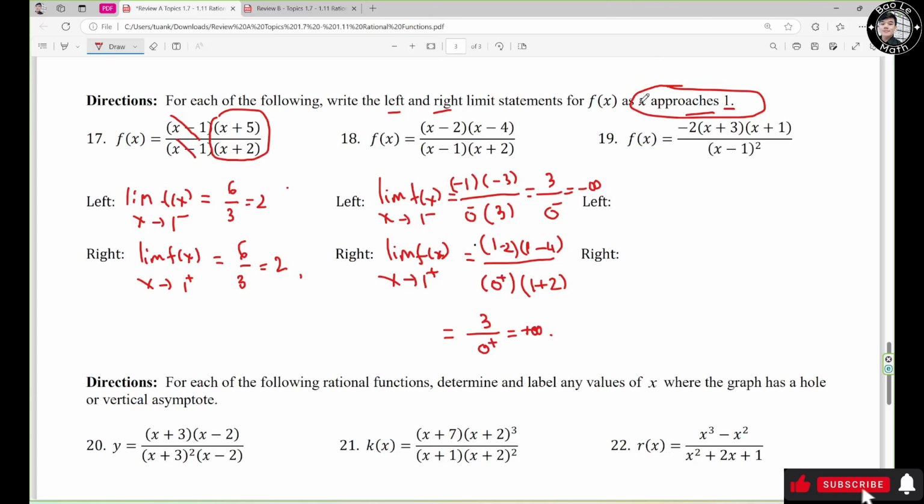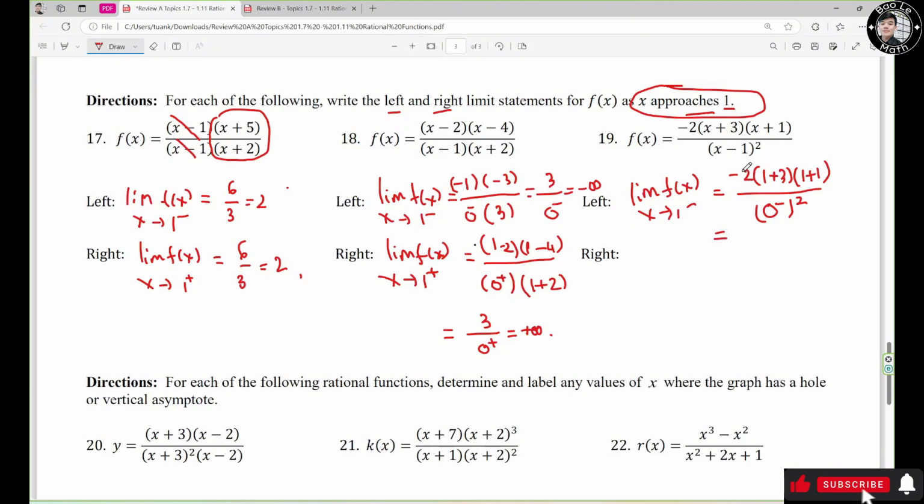Now, number 19 right here. Limit of the function f of s when s approaches 1 minus, it's going to be negative 2 times 1 plus 3 times 1 plus 1. Now the bottom right here, 1 minus subtract 1, it's going to be 0 minus, right?